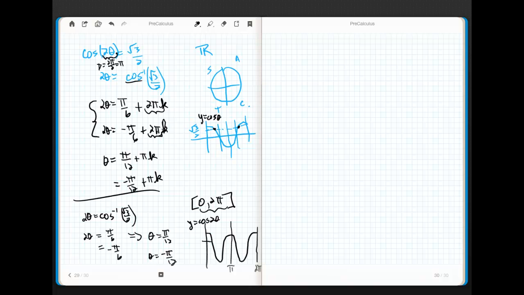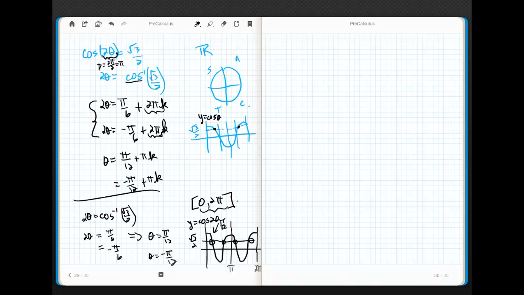So it's going to hit it once, twice, 3 times, 4 times. I'm going to have 4 solutions if this is root 3 over 2. By the way, I should probably put y equals 0 in here, right? Okay, there we go. So guess what we just solved for? pi 12ths, right?